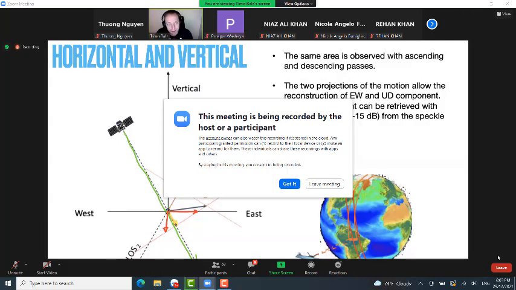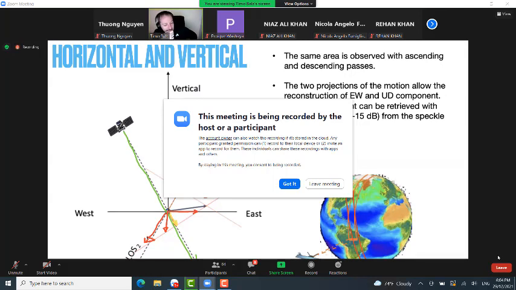Now, if you have the opportunity to have a second measurement from another orbit, ideally from the opposite orbit, so that we have an ascending and descending orbit, now you get a second measurement. And then you can see in which direction it moves, and you can separate the different motion vectors.